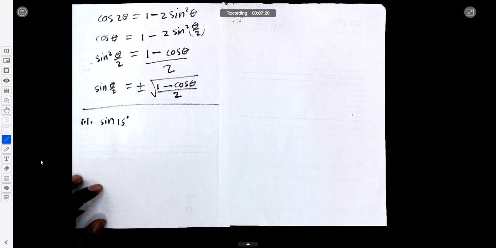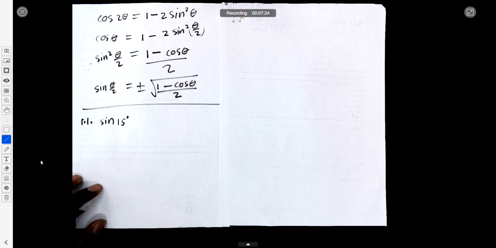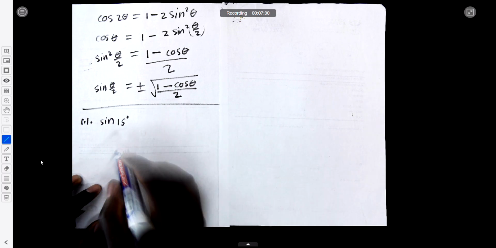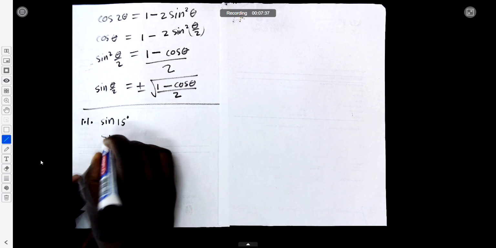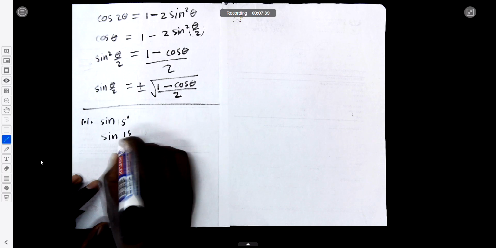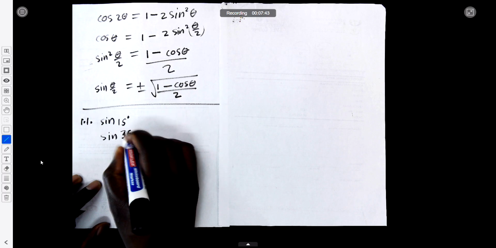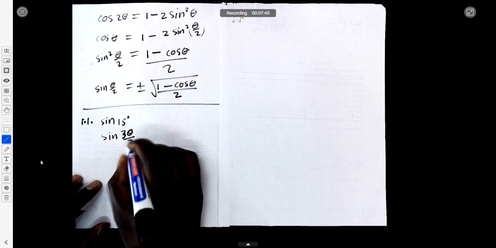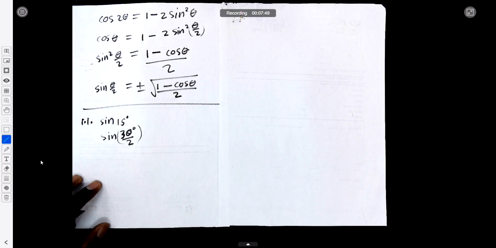So using half identities, we need to inspect which special angle you can halve to get 15 degrees. That's how you ask the question. Which special angle can you halve to get 15 degrees? So we can express this as sine 15 degrees equals sine of 30 degrees over 2.